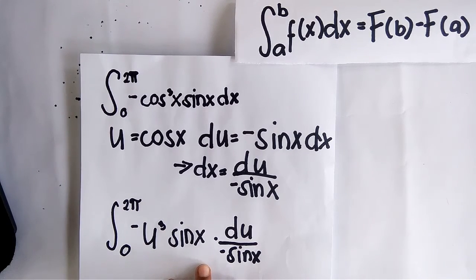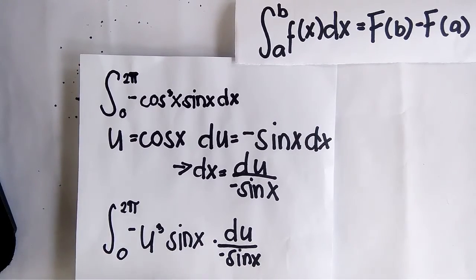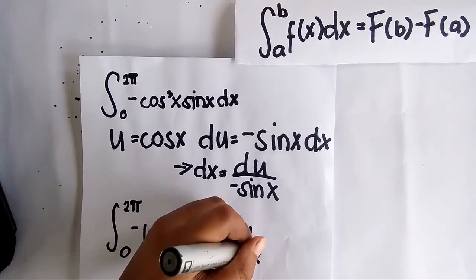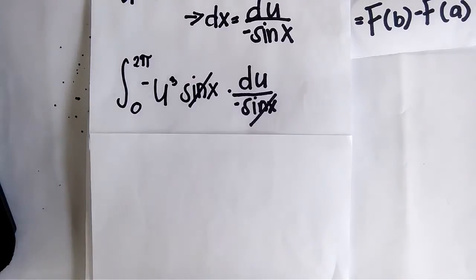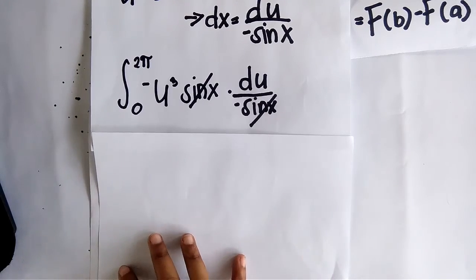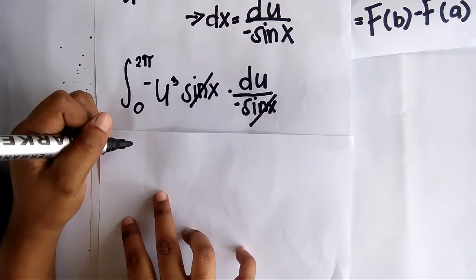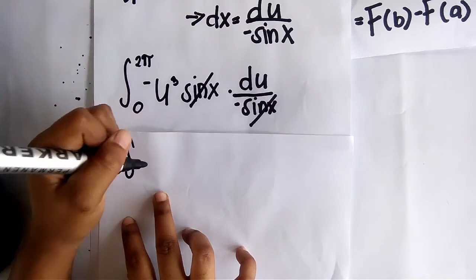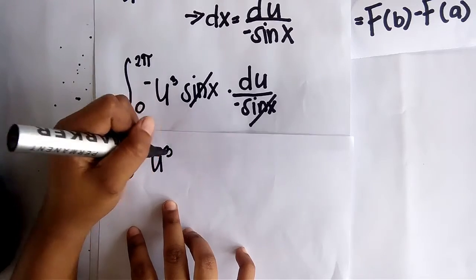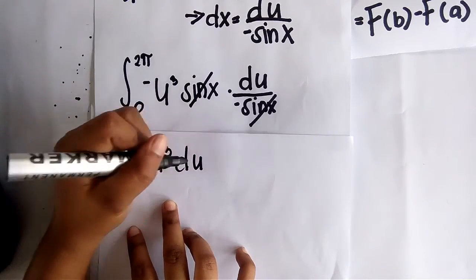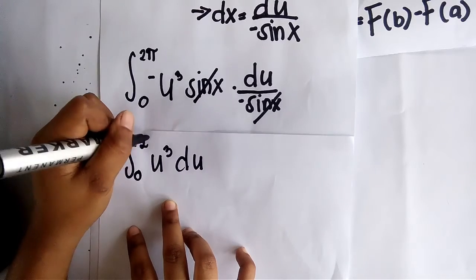So here we substitute the value of dx, that du over negative sine. We can cancel the sine x. So we have integral of u raised to 3 du from 0 to 2 pi.